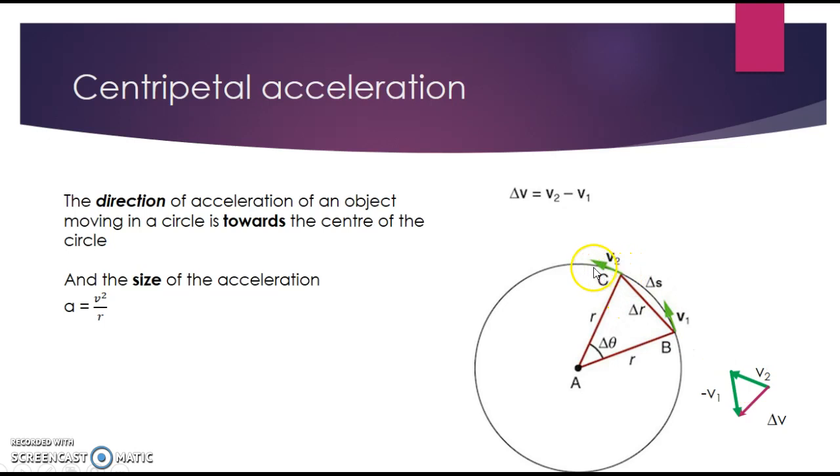If I say vectors v2 minus v1, remember we put the v2 vector and then add the negative of v1. We find that the change in velocity, this purple arrow, actually acts towards the center of the circle. And so the change in velocity over the change in time gives me the acceleration, so it acts towards the center of the circle. The size of that acceleration is v squared over r.